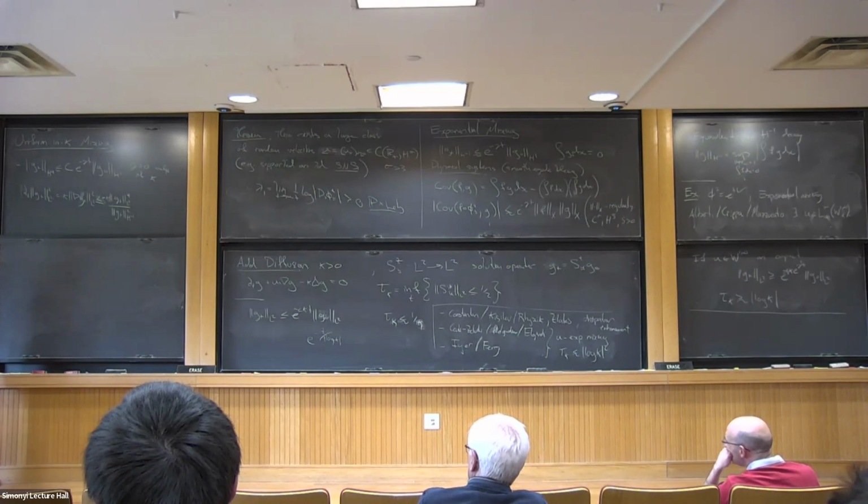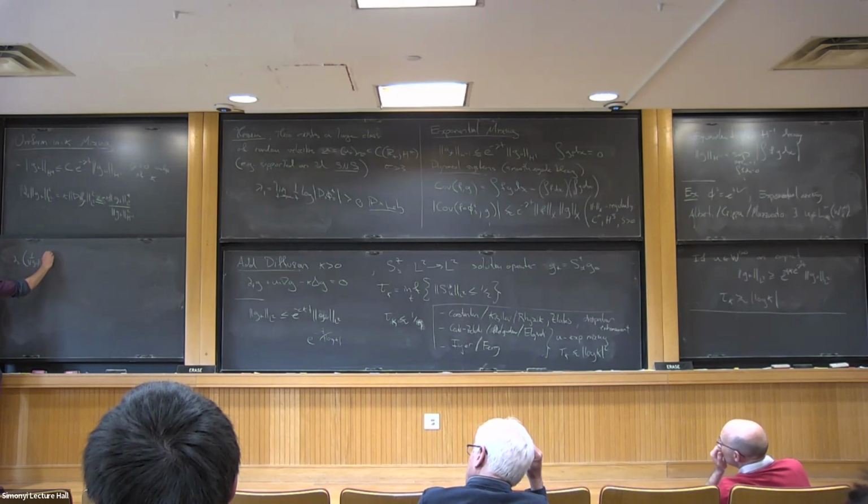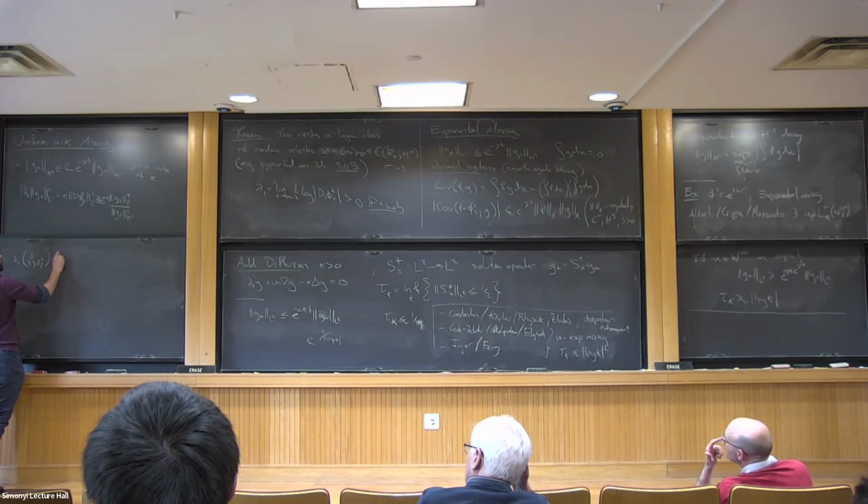And if I do this, then it's not hard to show. If I divide through by the L2 norm, you can get a differential inequality on 1 over the L2 norm. In this case, now it's the inequality in this direction.